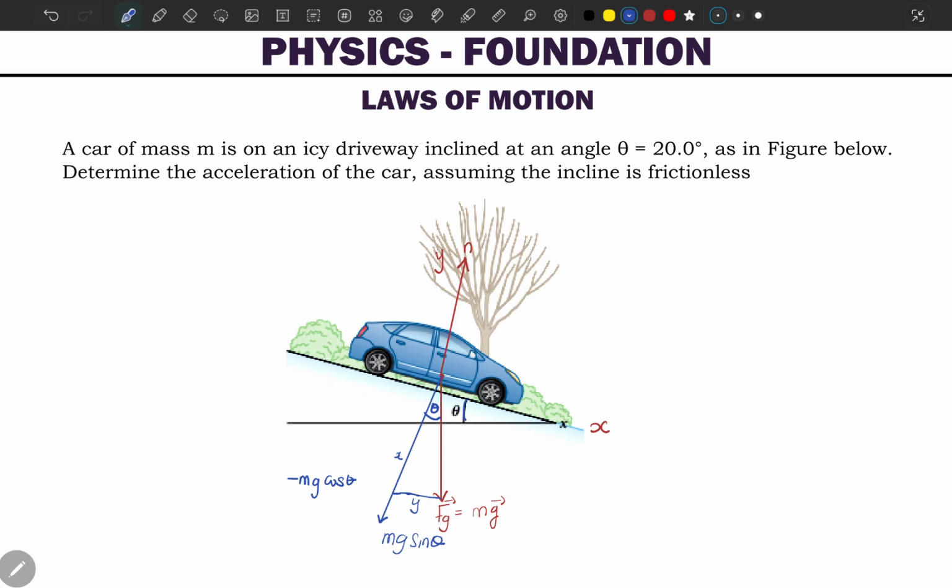The direction of motion of the car is downward like that, and this force is parallel to that, meaning this one is also mg sine theta. Are we interested in the Y direction? No, we are only interested in the X direction, because that's where motion is taking place. So our acceleration is going to come from there.